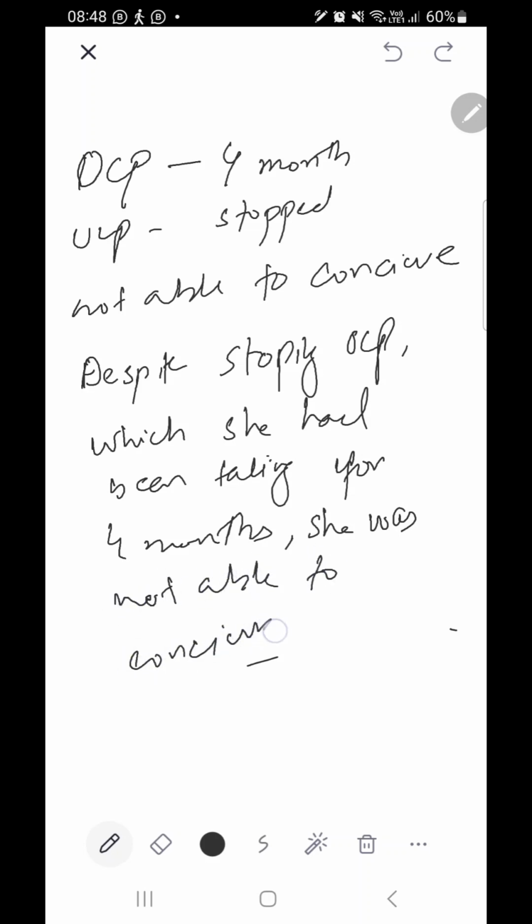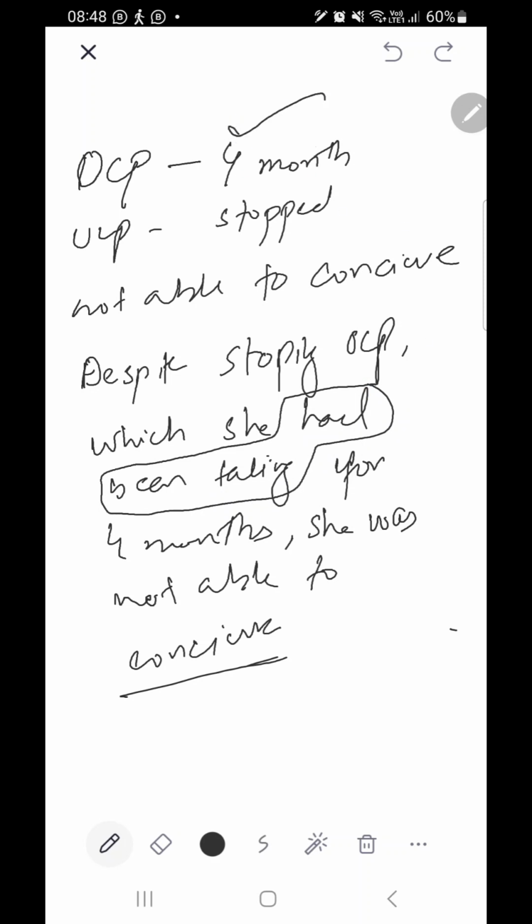So in this sentence, we can see that we have used had been taking. It was in the past perfect, and she was not able to conceive after that event.